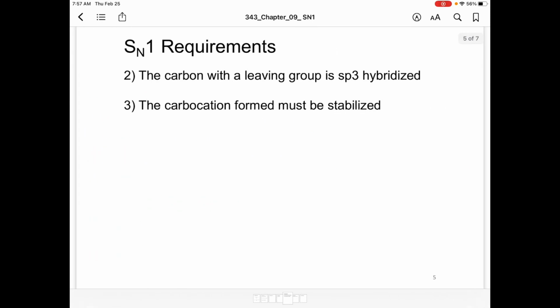Okay, let's go over more requirements here. The carbon with the leaving group is sp3 hybridized, like we've seen. And a carbocation formed must be stabilized. And we've talked about stability of carbocations.